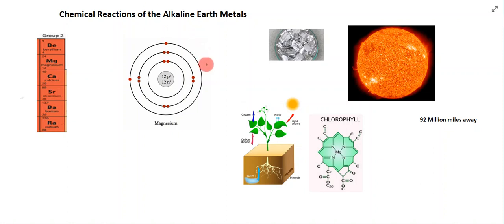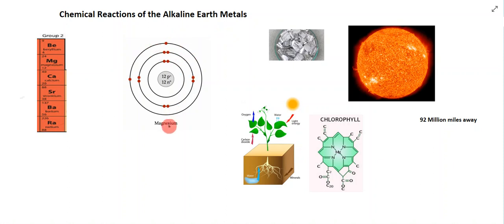Now, if we remember, what drives a lot of chemical reactions is this idea that atoms want to have a full outer shell. So either they can gain electrons from another atom, they can share electrons with another atom, or they can lose some of their electrons. And the idea is that they want to get a full outer shell.